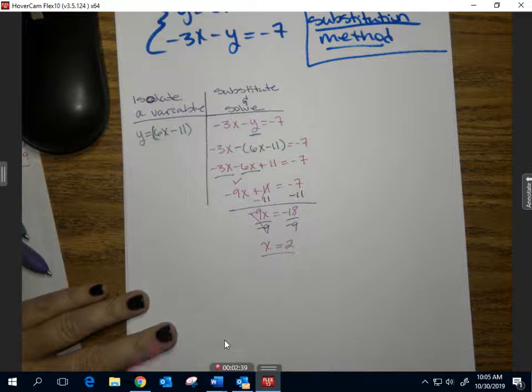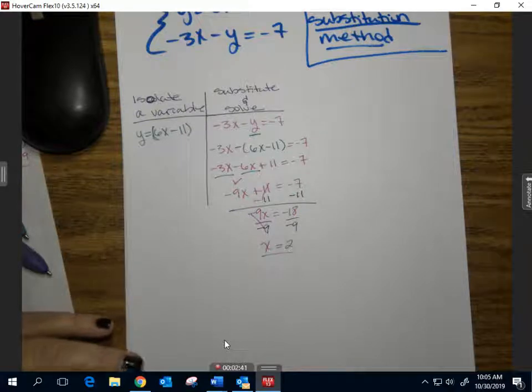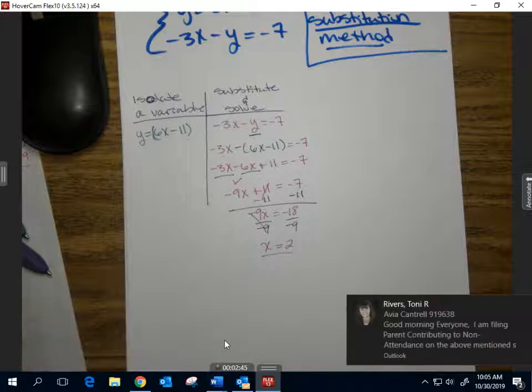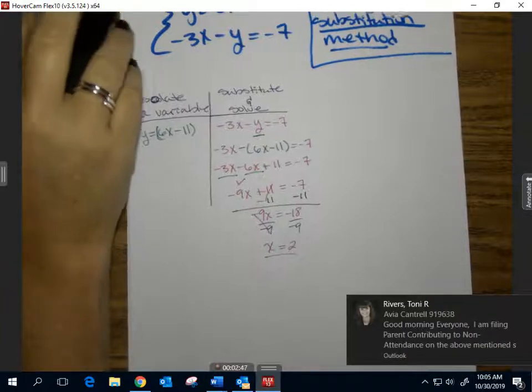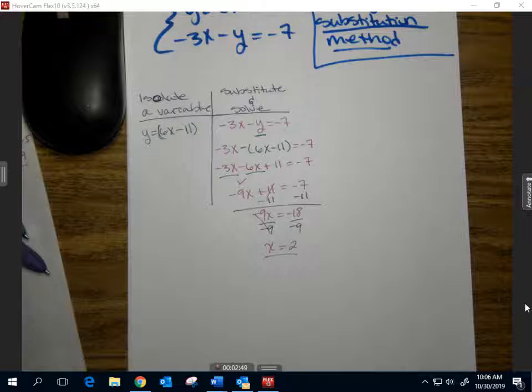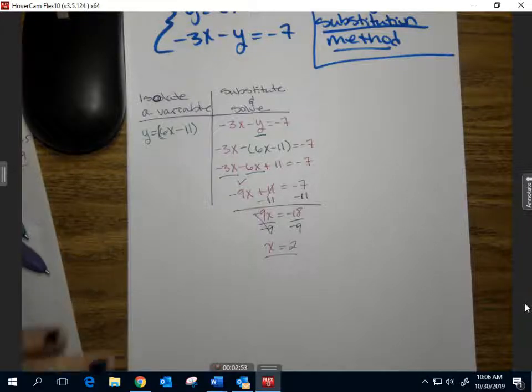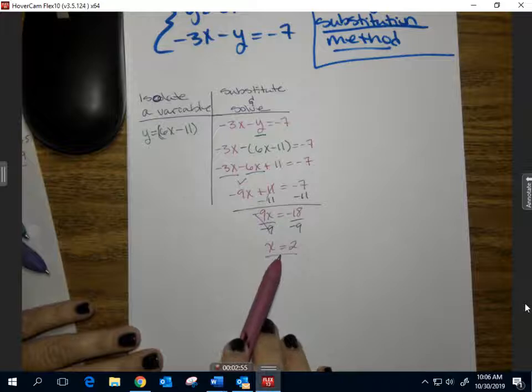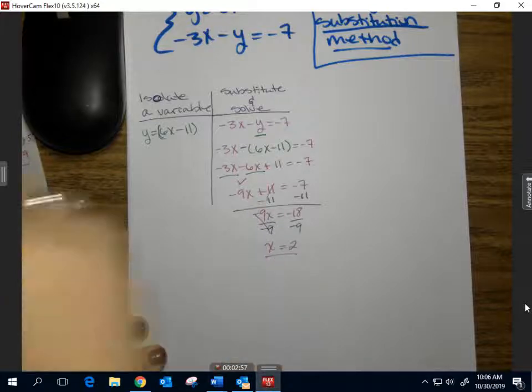So let me remind you what we're looking for here. We're looking for the point where these two lines intersect, okay? We're looking for the point where these two lines intersect one another. So this is only half of my point. Now I need the y value.